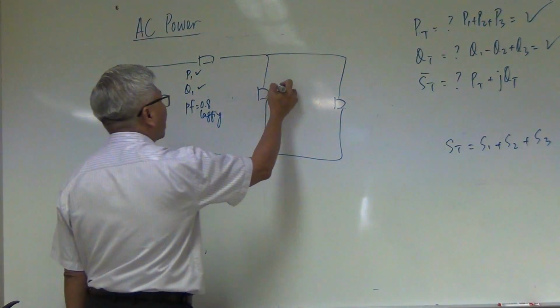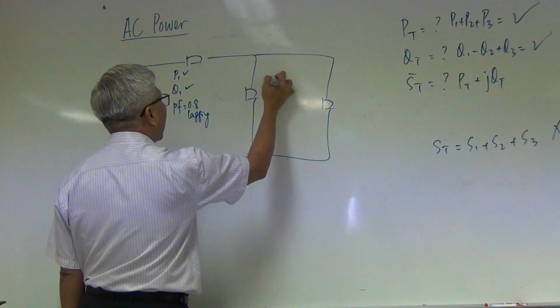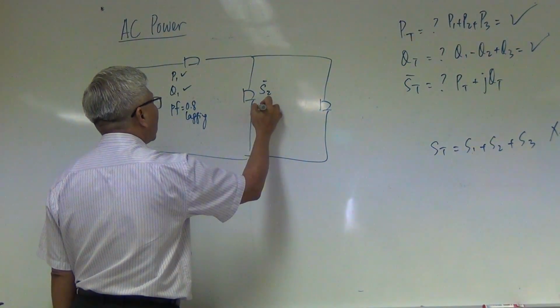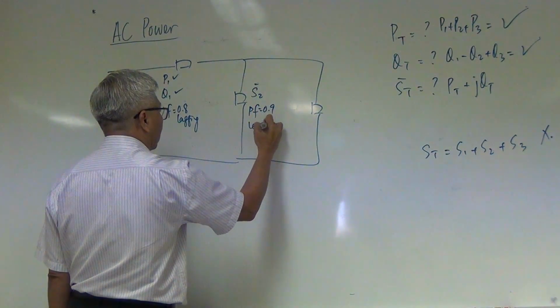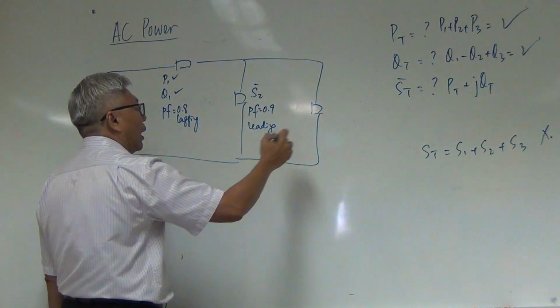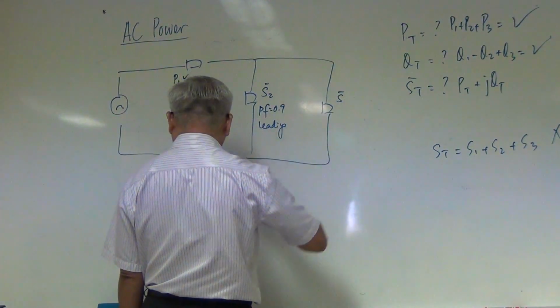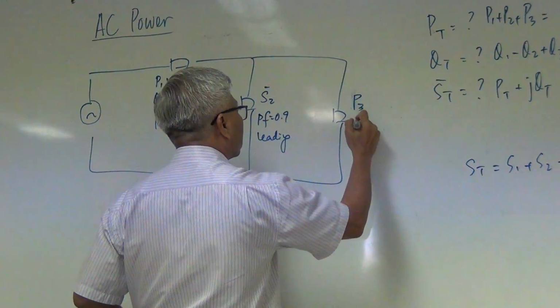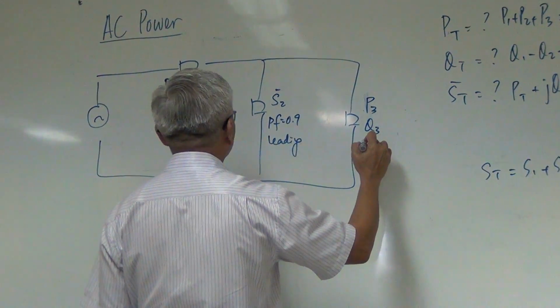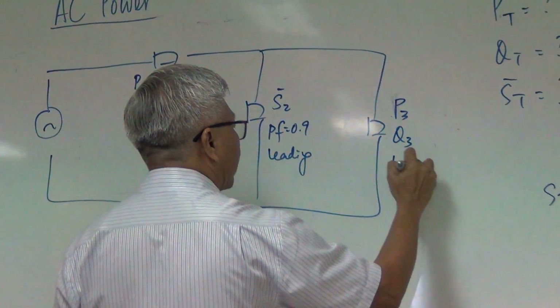Then you are told that this is S2, and the power factor is equal to 0.9 leading. Alright, and then this is S3, P3, Q3, and you are told that this is an inductive circuit.